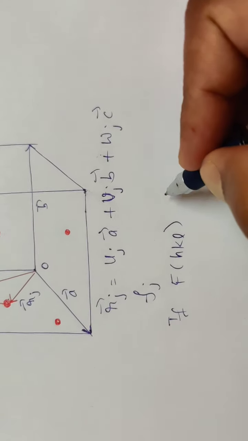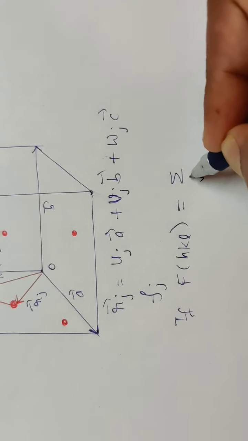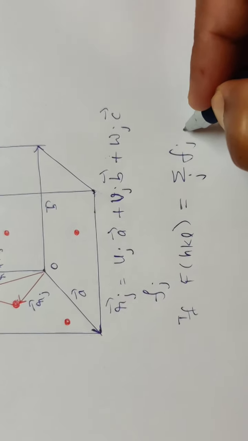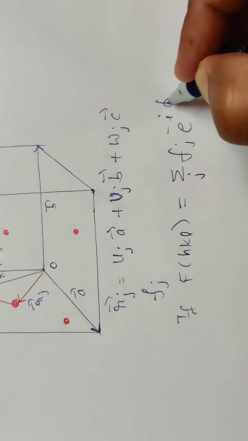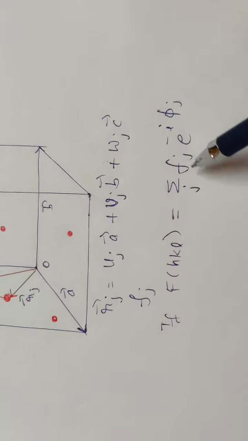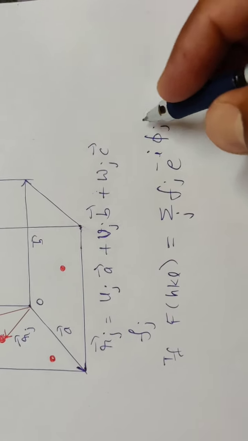So this is given by sigma j fj e to the power i phi j. This we have deduced from the atomic scattering factor, and we put in the value of the phase difference.